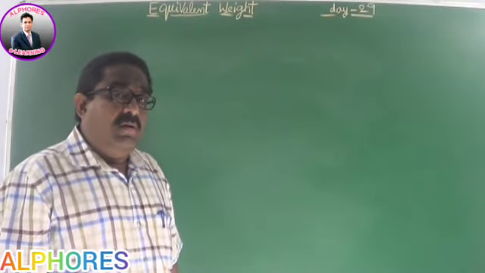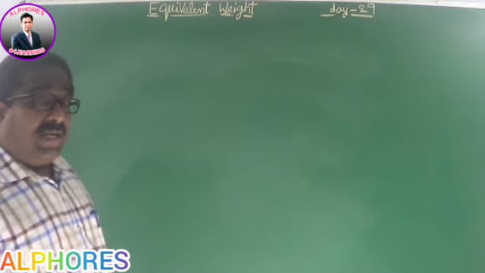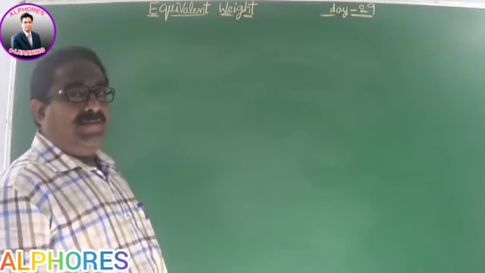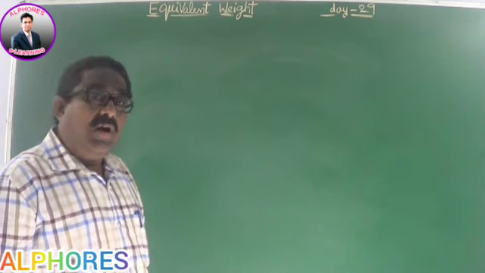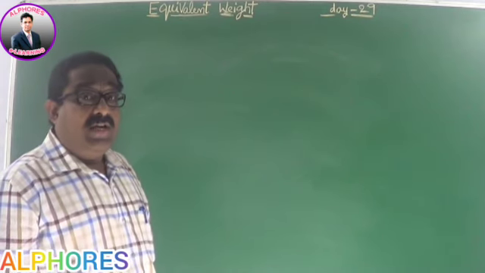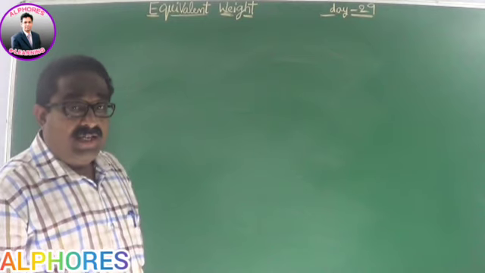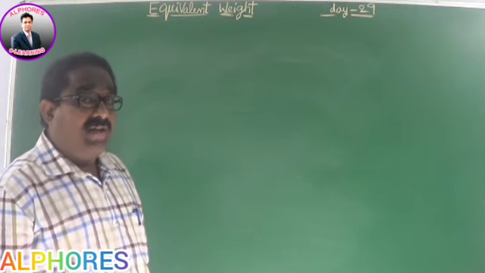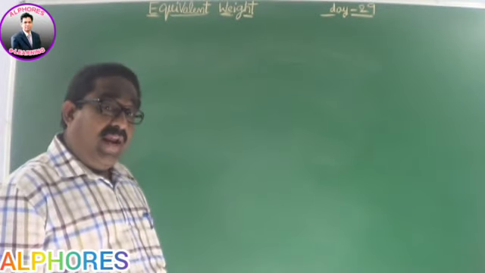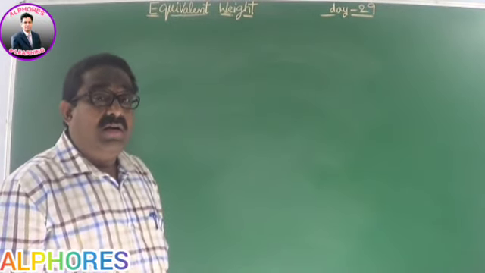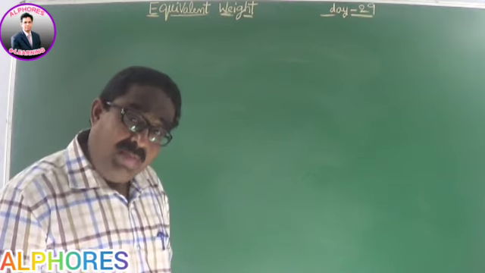In the previous sessions, I explained the types of redox reactions. Out of them, the disproportionation reaction is a special category of redox reaction in which both oxidation and reduction take place on the same element.